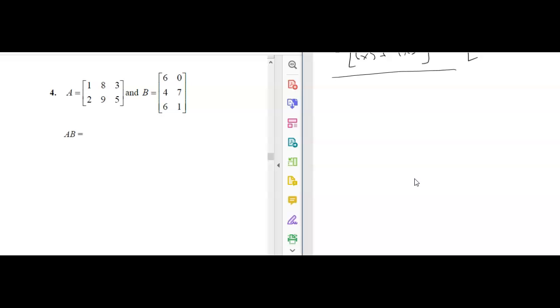Okay, so matrix A is a 2 by 3, and matrix B is a 3 by 2. So I can see that we can do it, but let's just double check, circle them. It's defined, and our answer is going to be a 2 by 2 matrix. Okay, so I'm going to give myself enough space to do everything.